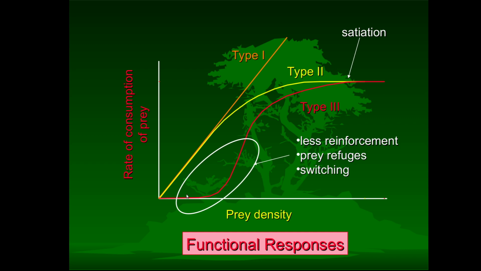But as the prey increases in abundance, the predator learns how to capture and handle that prey. Or another way to put it, if the prey becomes too rare, the predator switches to a different prey species. So this part of the curve can be due to predator switching or learning or reinforcement here. Regardless of the reason, if the prey gets sufficiently scarce, then the predator no longer consumes it.